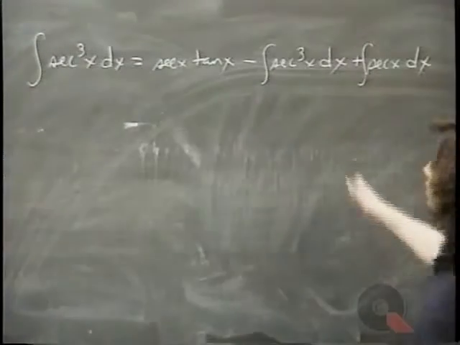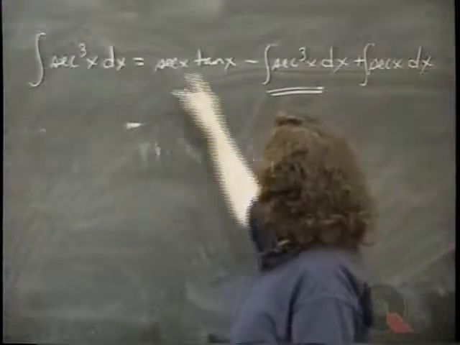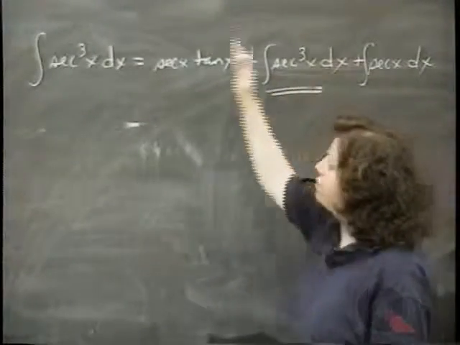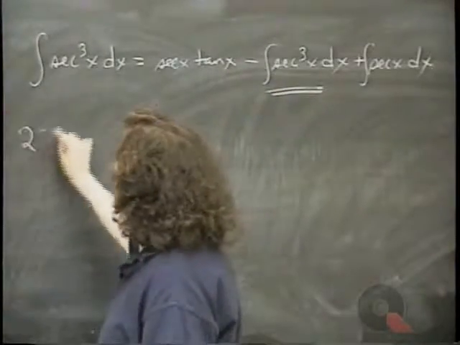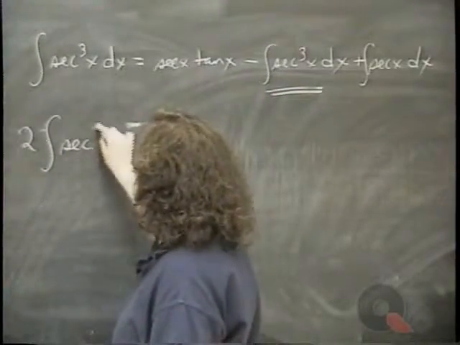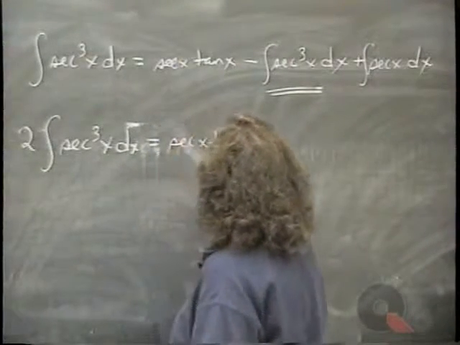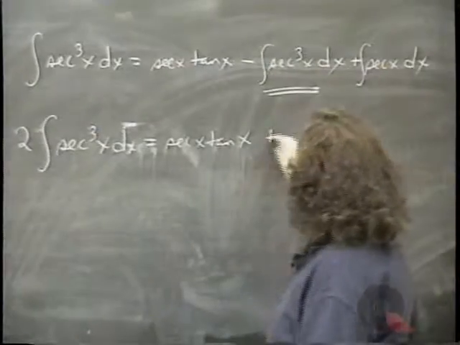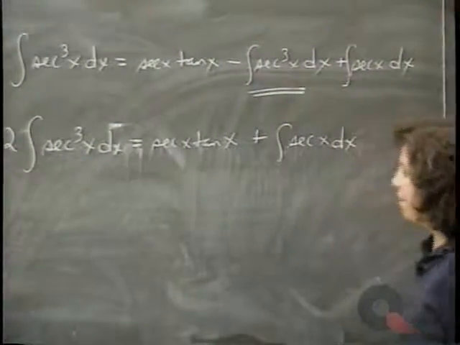Now, here we have the same integral that we had over here, but with a minus sign. If we add this to both sides, it drops out here, comes up over here, we wind up with 2 times the integral that we're looking for, equal to secant x tangent x plus the integral of secant x dx.